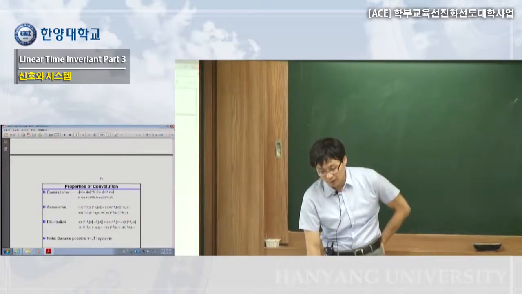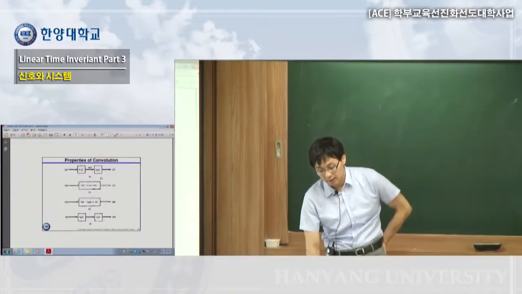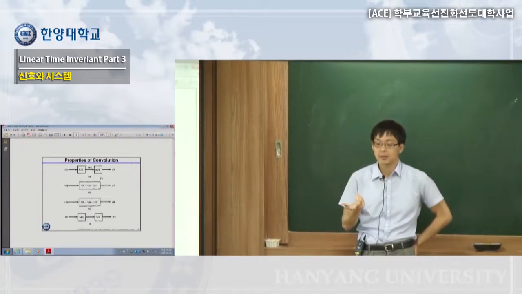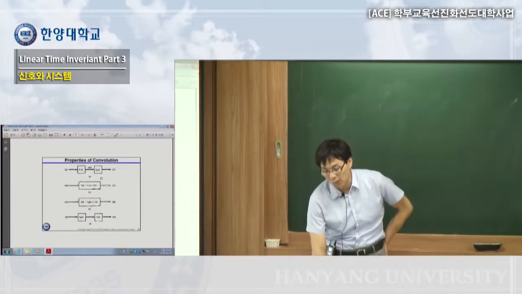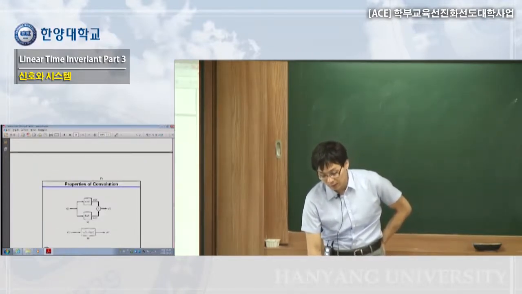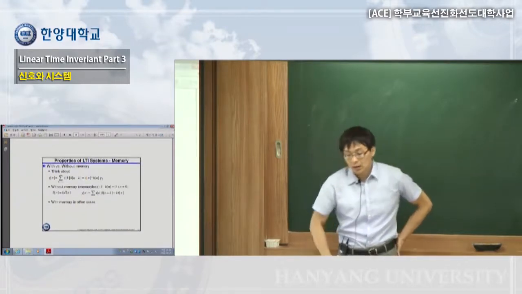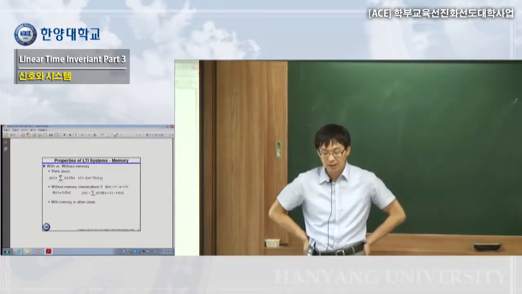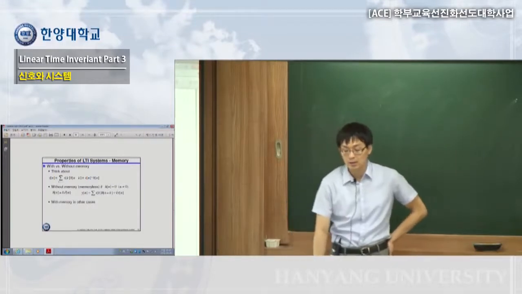Then we briefly covered several characteristics of convolution, and showed how the system box can represent the convolution. Basically, what we talked about before is that a linear time invariant system is a memory system, except for a very exceptional case where the transfer function is always 0.